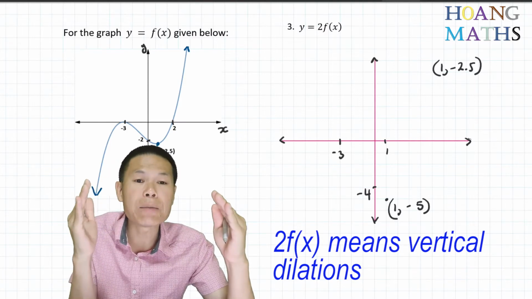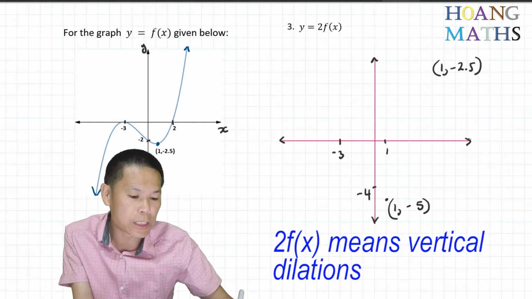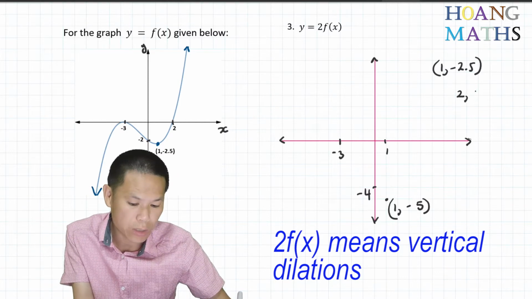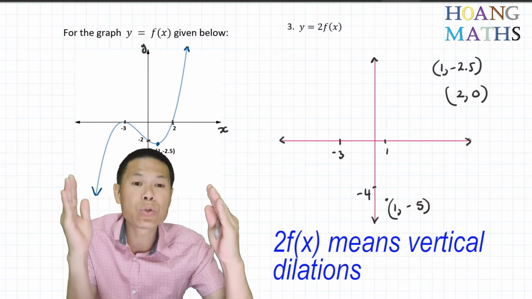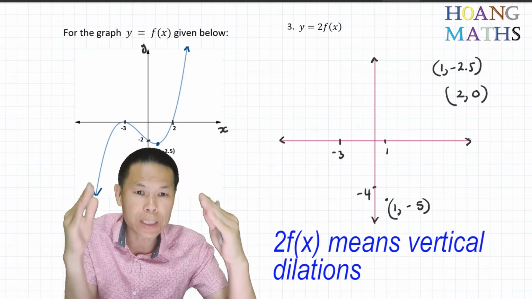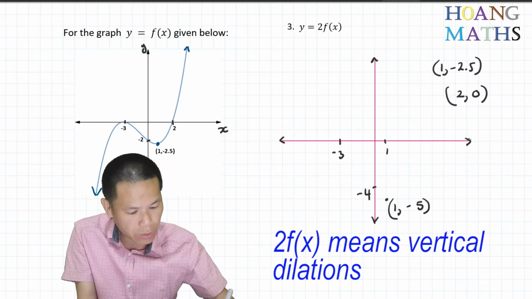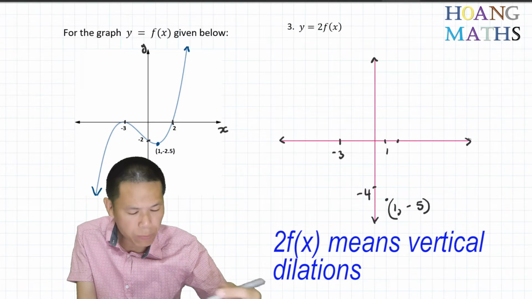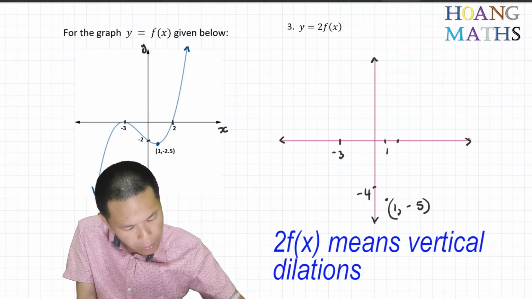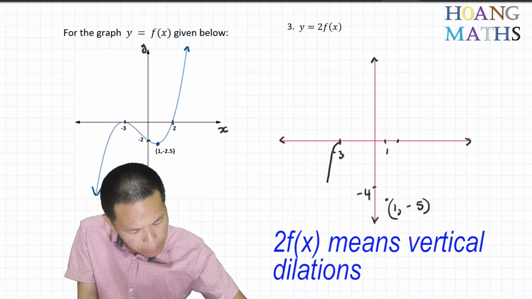And the x-intercept doesn't change because the x-intercept is 2, 0. If you times 2 for the y value, it still gives 0. So it's here. Then we just join these points together. So the turning point will go like this.